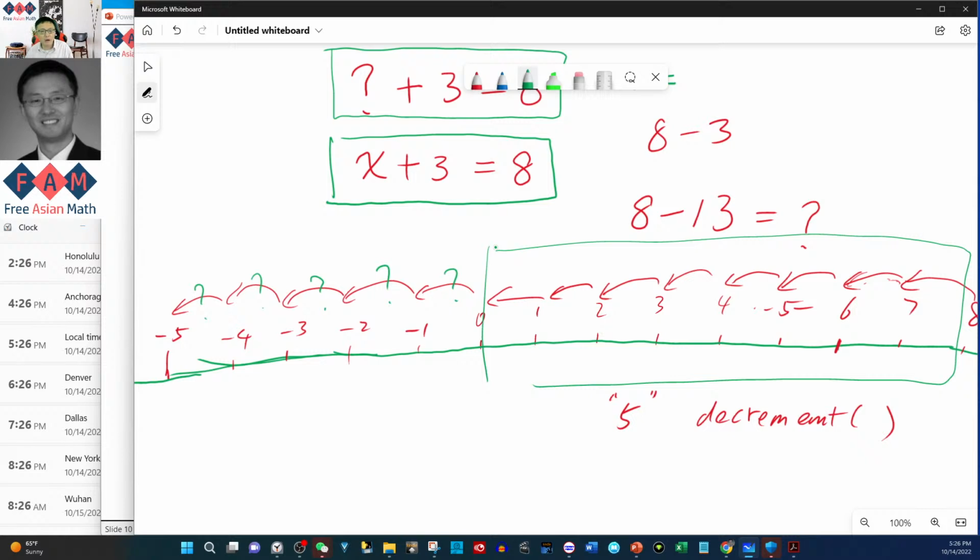But this decrement operation is not going to be sufficient for us to get negative numbers, because you cannot get what you don't have from what you don't have, right? We don't have any increment operation on the negative integers. Our increment operation always starts from 0.